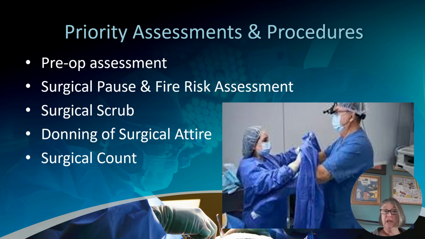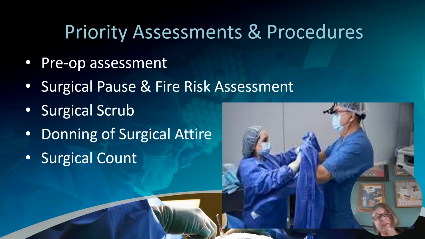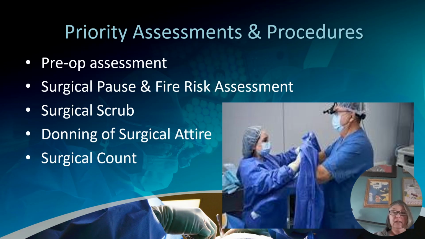We're doing this so that we don't leave anything in the patient because that can happen. And then obviously when you leave a foreign body in a body, a lot of times the body wants to reject that. You can end up with abscesses, stuff like that, infection, ultimately leading to sepsis. So that's why we do a surgical count.